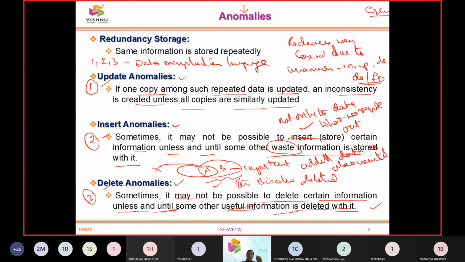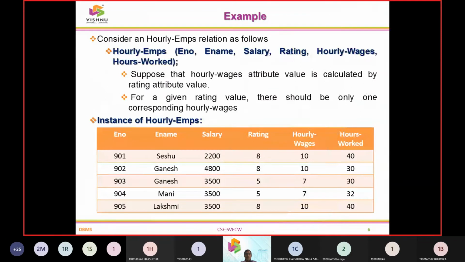So if we update something, it is not updating only that record, it is updating other records also. If we insert something, not only the required attributes, but some additional attributes are also added. If we delete something, the deleted information is linked to some useful information, so that useful information also gets deleted. These are cases which need to be solved before we go for decomposition.